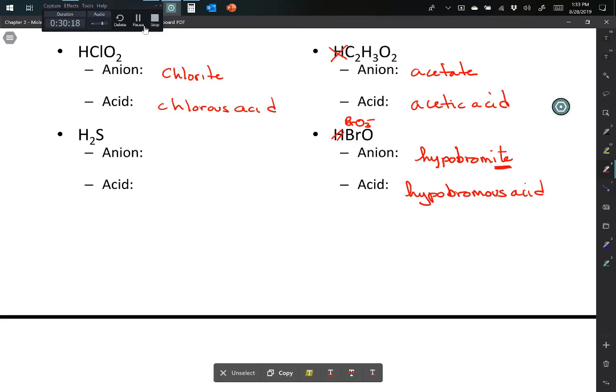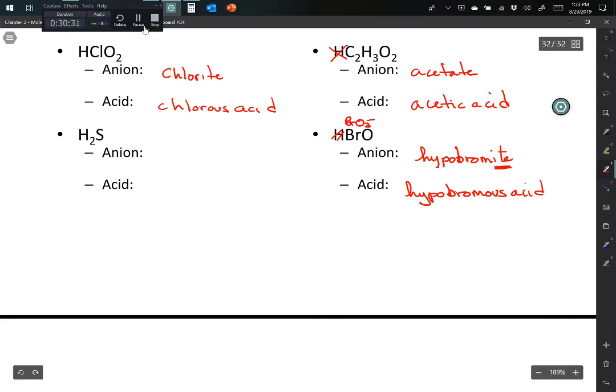Now H2S is a little different, because it's a diprotic acid. It has two hydrogens on it. If I cover up the H, what is S? And what ion name does it get?